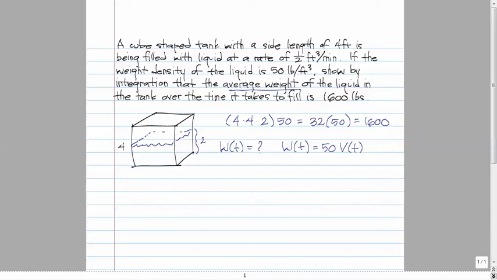Looking back into the problem, we're not given formulas for volume or weight, but we are given a rate of change in volume. In other words, we're given that dV/dt is equal to 1/2, or we can say V prime of t is equal to 1/2.